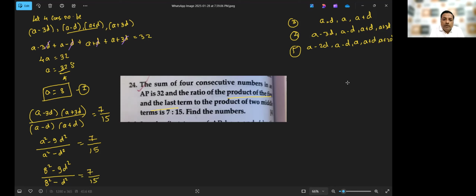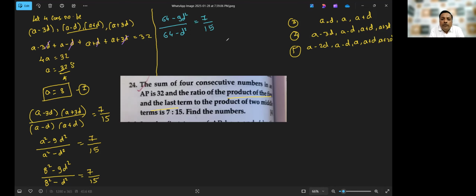Okay. Then 8 square, that is 64 minus 9d square upon 64 minus d square is equal to 7/15.